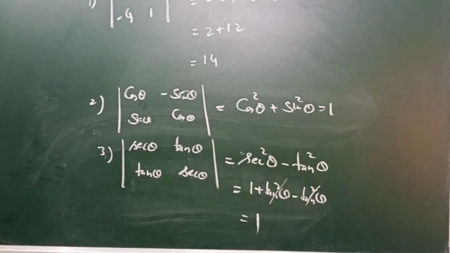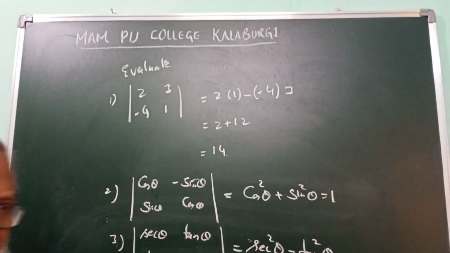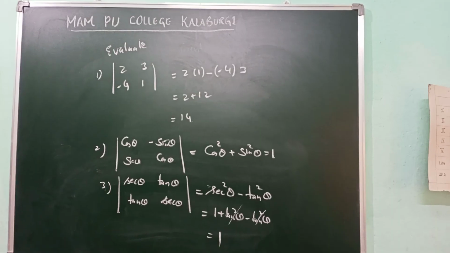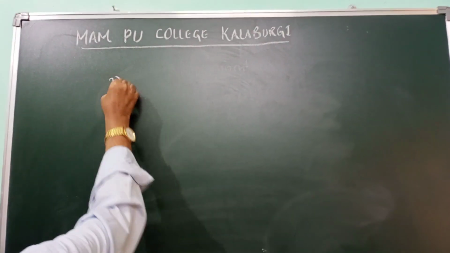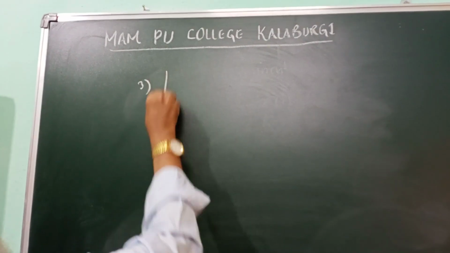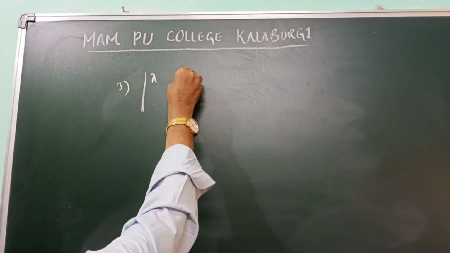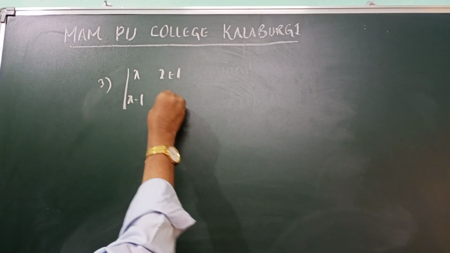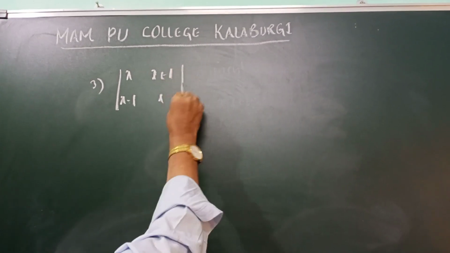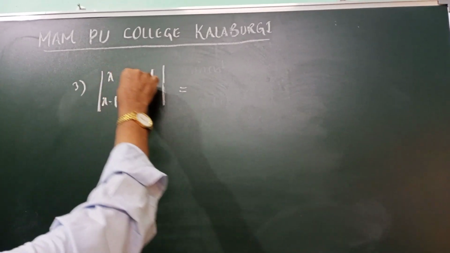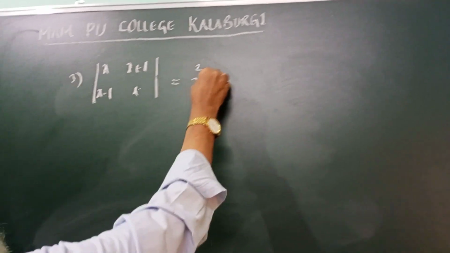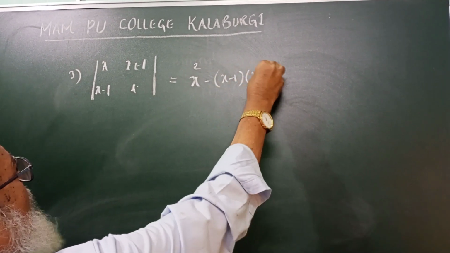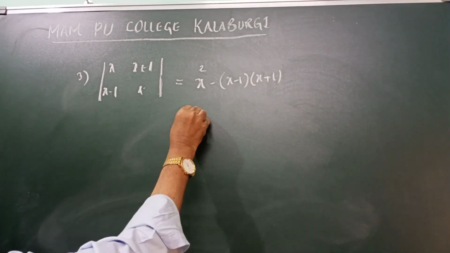So here let us solve some of the problems for the second order. Evaluate the determinant with entries x plus 1, x minus 1, x and x. Now we expand it: x into x, x square, minus x minus 1 into x plus 1, that is x square.